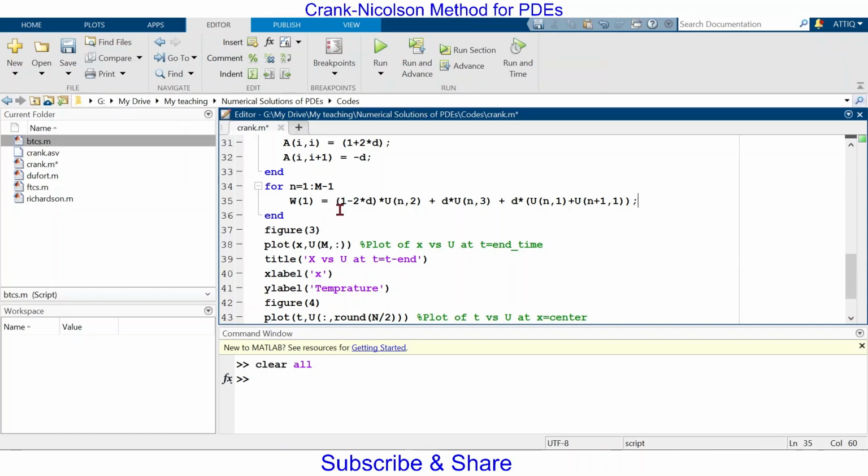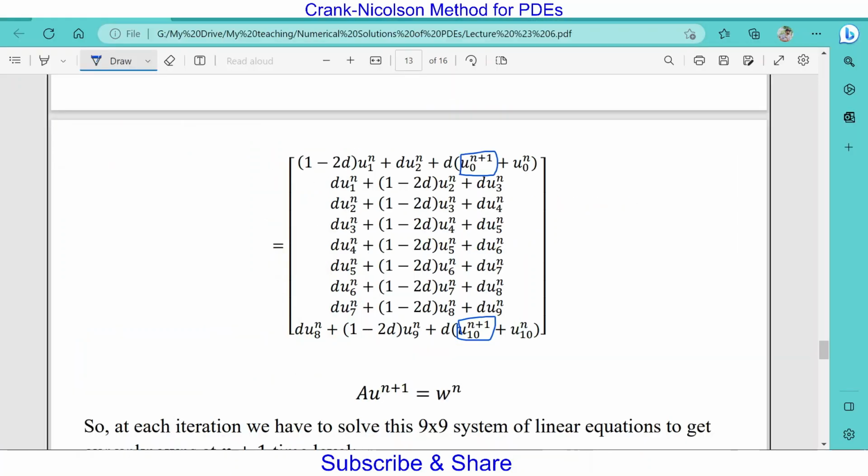So w first value will be 1 minus 2d times un2. The indices are different from it. Here we have un1 because our space nodes were starting from 0, but in MATLAB we cannot have 0 as a location, so that's why we will be adding 1 to these values.